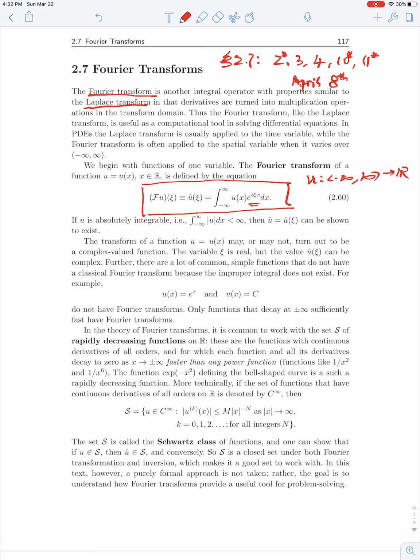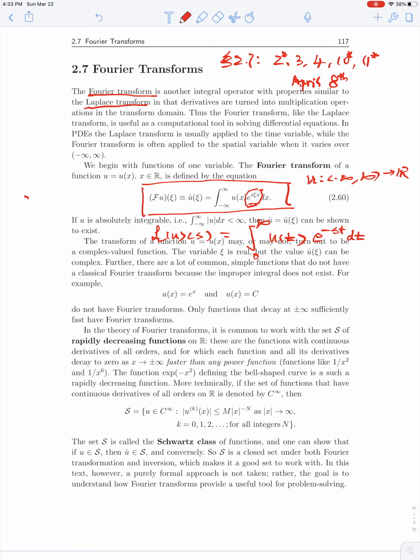So let's compare this with the Laplace transform. In the Laplace transform, s is the phase variable, and it's the integral from 0 to infinity of u(t) e^(-st) dt. The fundamental difference here is that in this term, we have a complex number.